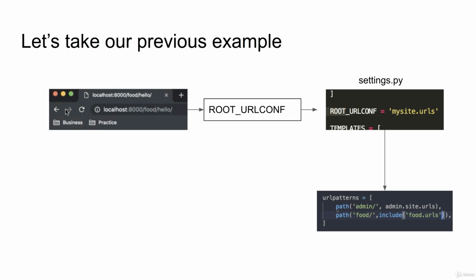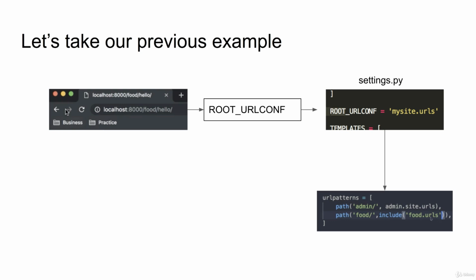First of all, it checks this pattern. admin does not match up with food, so it skips that. Then it moves on to the next path, which is this food right over here, and it finds that this part matches. Hence, it sees what's next. The next thing it notices is that we have included another urls.py file, which is food.urls.